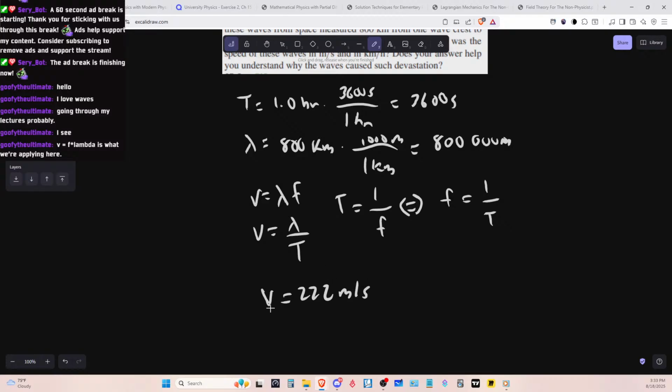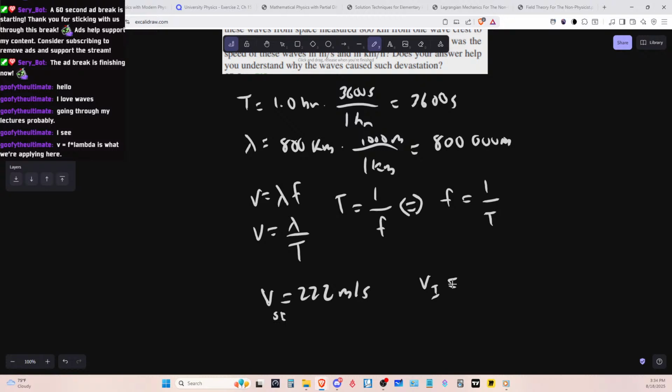I just rounded it up, so basically it's a bunch of twos. It's like 222 meters per second. We'll put this as SI, and then we'll put this in imperial, so we'll put an I there.